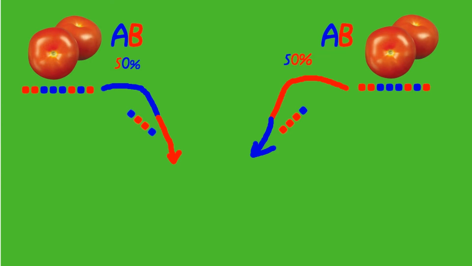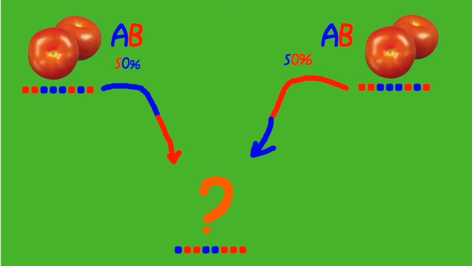Now, look at the combination of little dots here, which represent the genetic material. Notice it's nothing like what this AB variety received to become an AB variety. These combine and they produce a completely new sequence of genetic material.